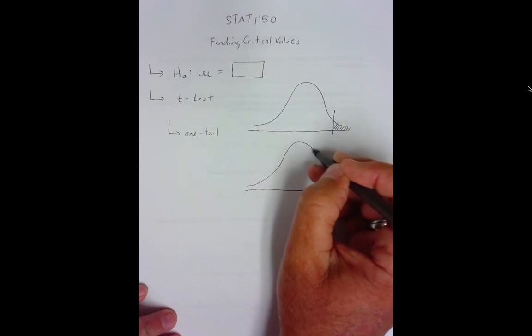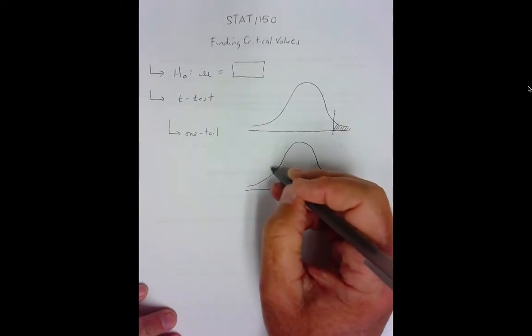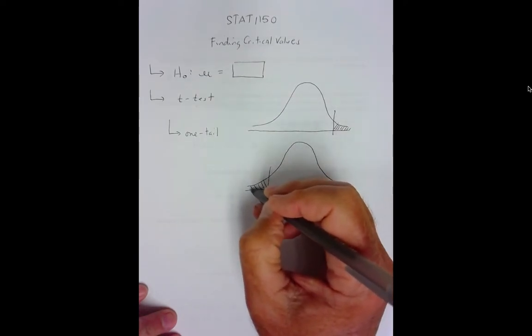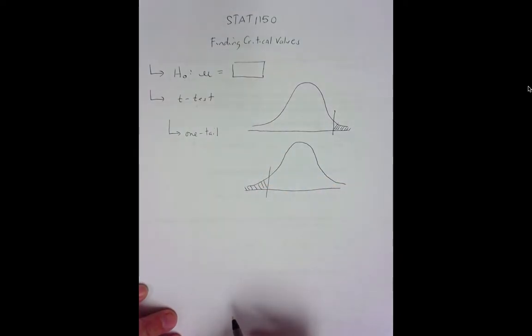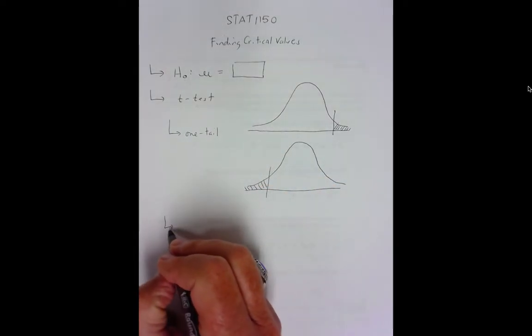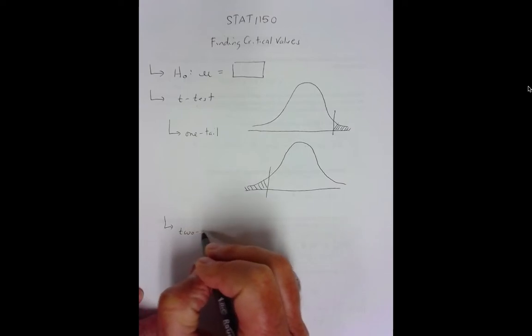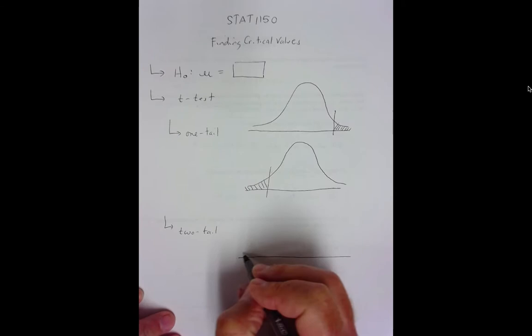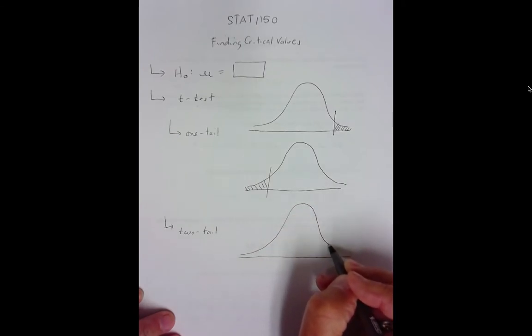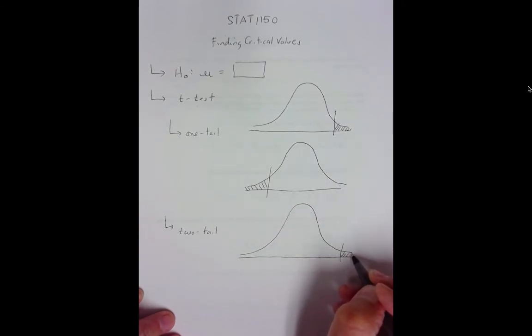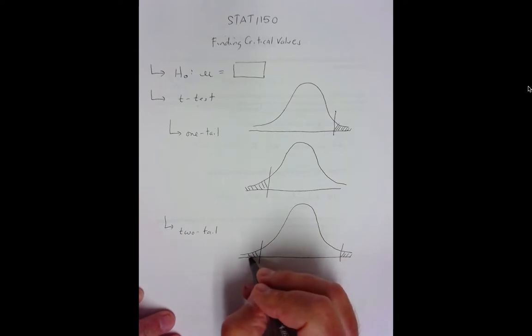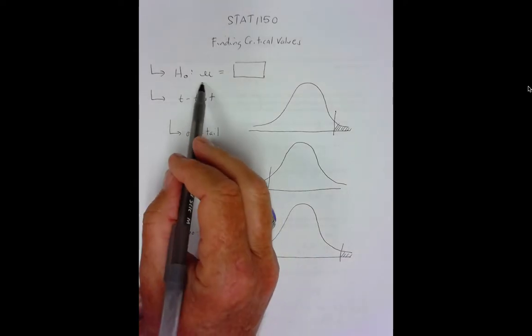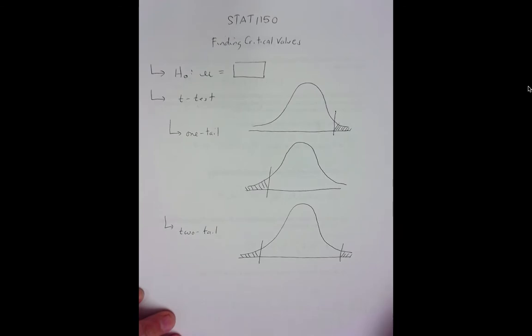We can have a one-tail test where our rejection region is below. And guys, we can also have a two-tail test where we have rejection region above and below the value that's being tested in the null hypothesis.